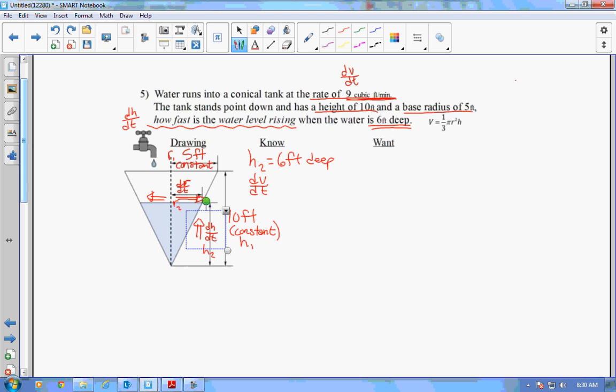So we have dR dt, and we have the height dH dt. Yeah. Yep, we have our dR dt and our dH dt. And we're given the volume, dV dt, is 9 feet cubed per minute. And we also, it's not on the picture, nope.